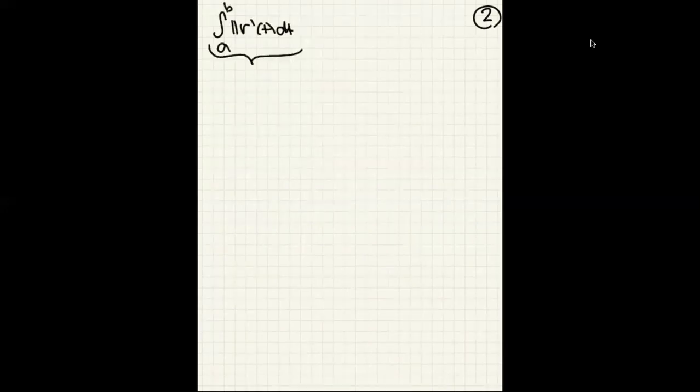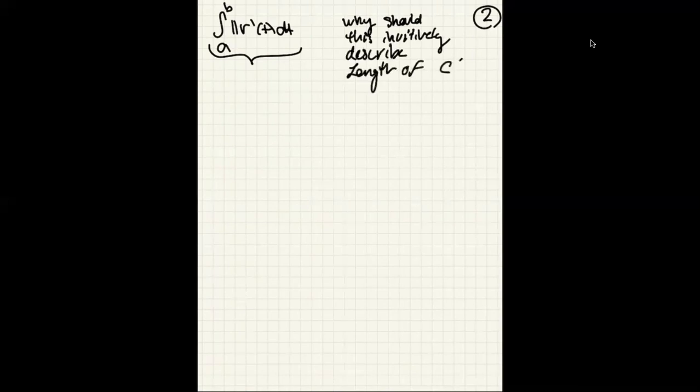Why does this make sense as a length, when we really understand this integral as something from calculus 1? So why should this intuitively describe the length of C?